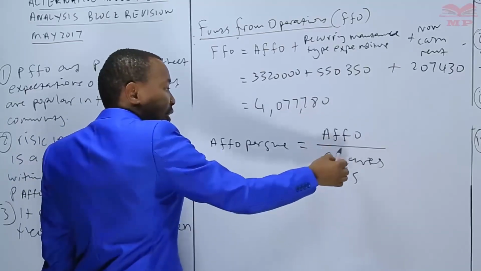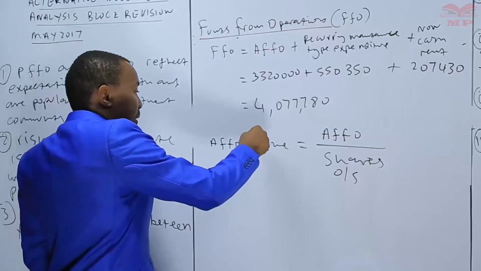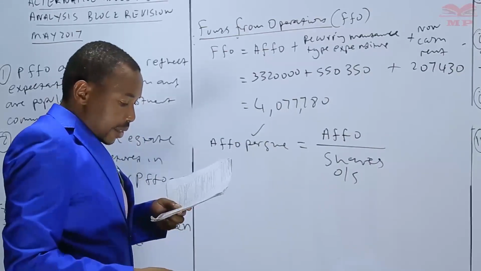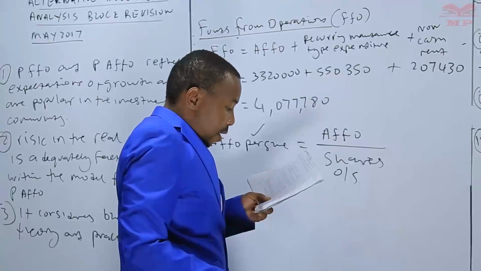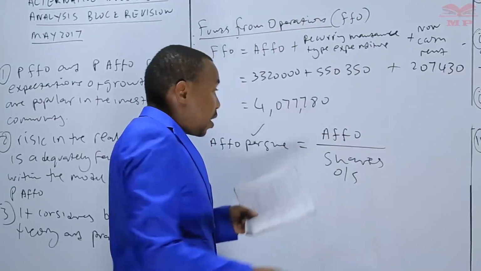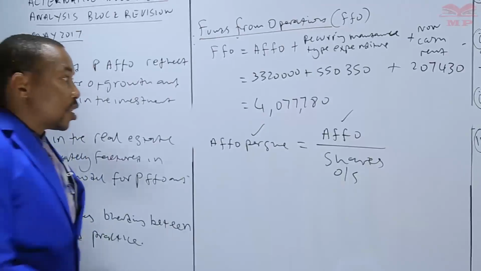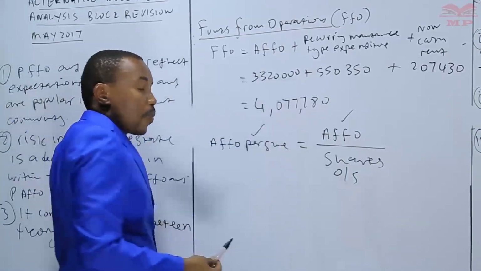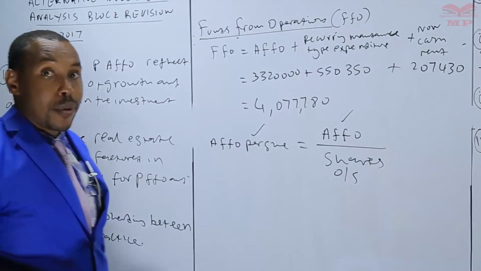We already have the AFFO per share, 3.32, and the AFFO, 3,320,000. So can we get the number of shares? Yes. That number of shares is what we will divide the funds from operations by, to get the funds from operations per share.